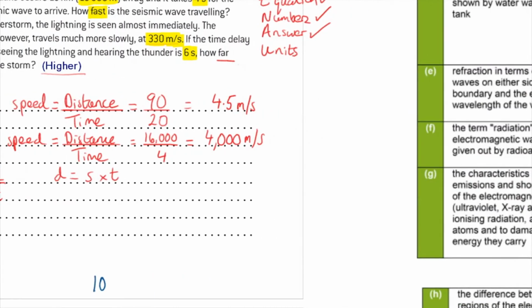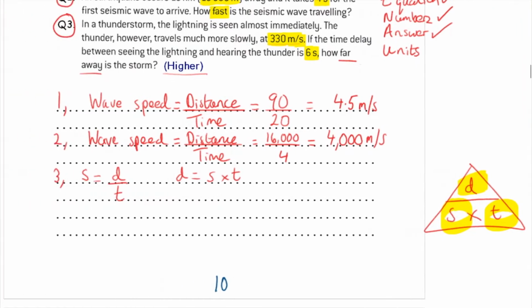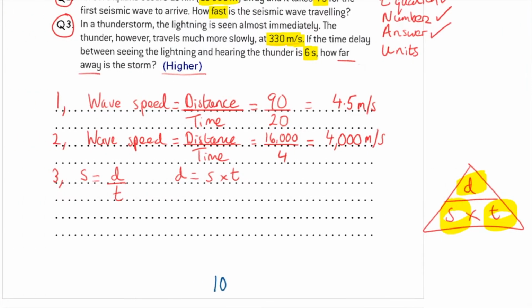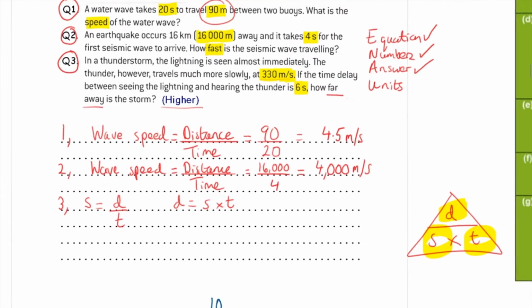Some prefer, of course, to use this method. Speed is distance over time, and you'd cover D with your thumb, leaving speed times time underneath. And the reason it's a higher tier question is because you need to rearrange.